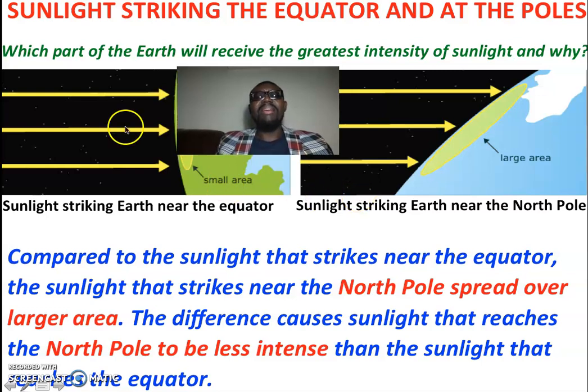Okay? So the sunlight that reaches the equator is more intense because it's hitting the equator directly. All right? So that's what causes the warmer area at the equator compared to the poles. So the equator is warmer compared to the poles.